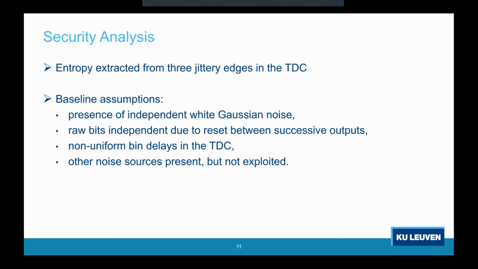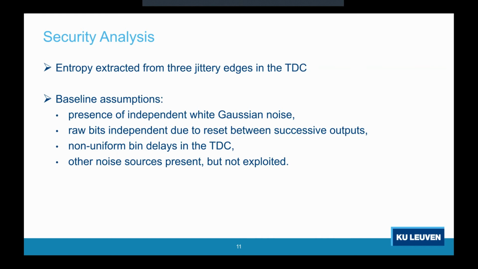To start with, we have to make some baseline assumptions about both the entropy source and the digitization. So our baseline assumptions are that there is some amount of independent white Gaussian noise in the source, in the design, and that the raw bits are independent. This is due to the reset between the successive raw random bits.